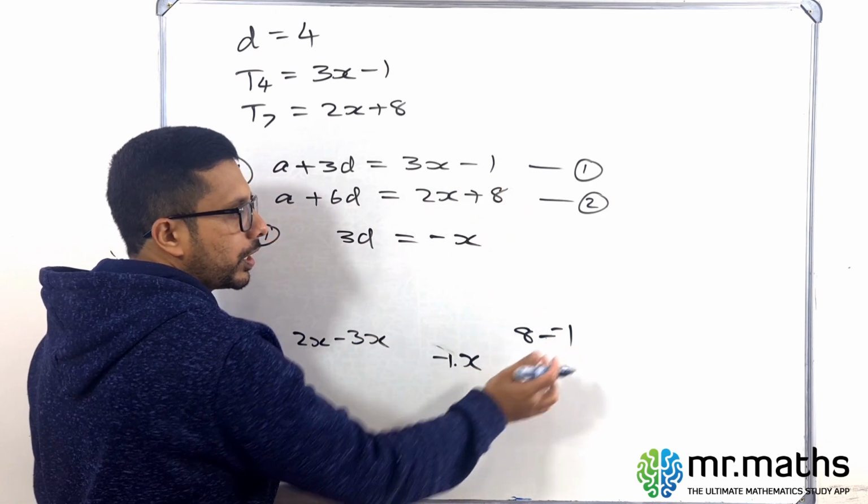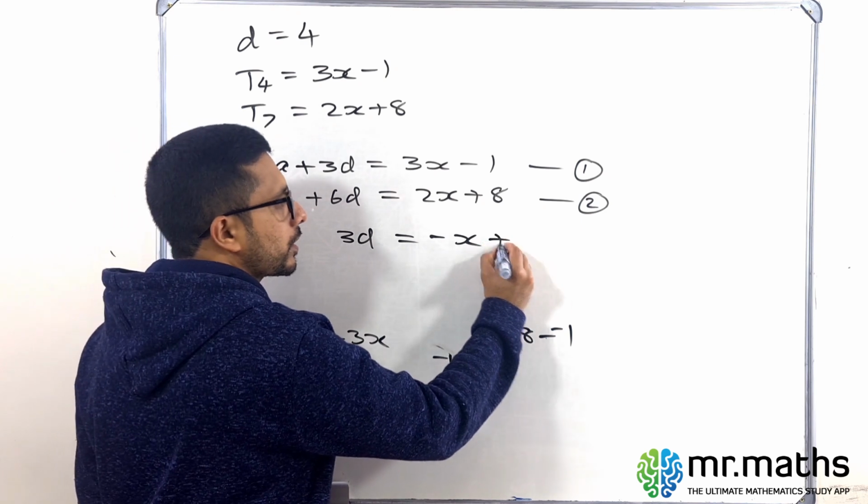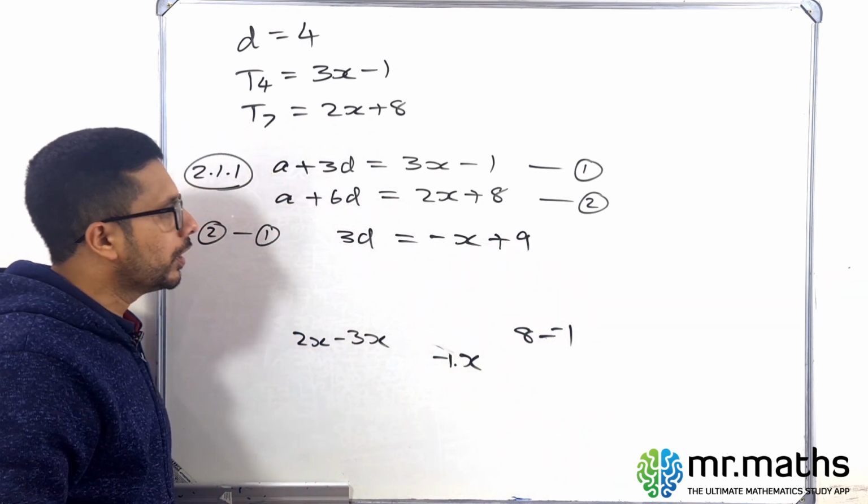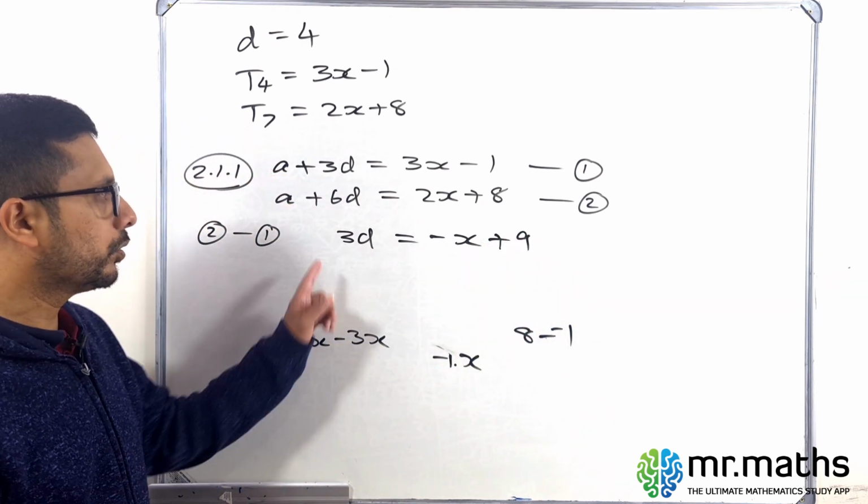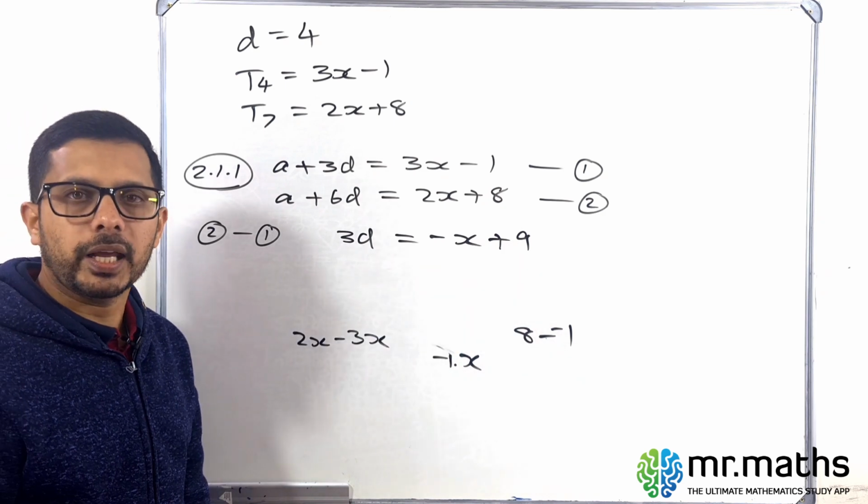So 8 minus minus 1 is 9. So we have 3d is equal to minus x plus 9.